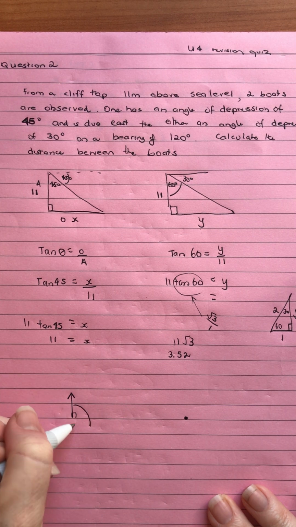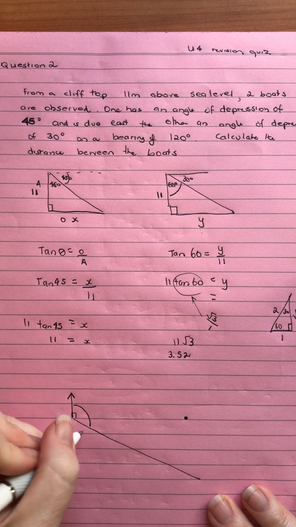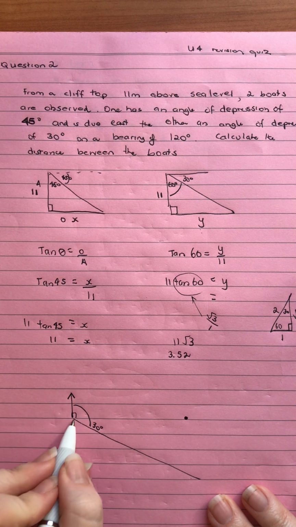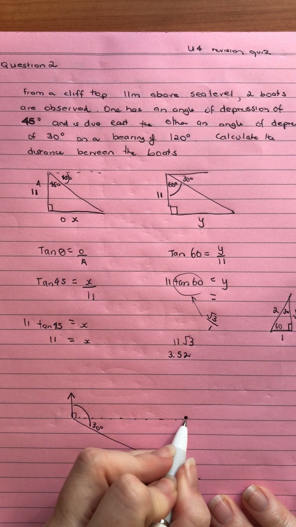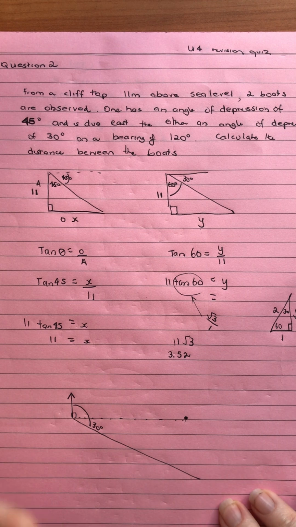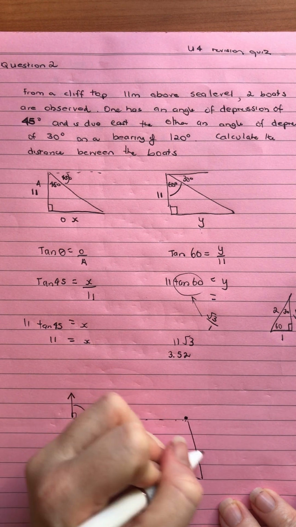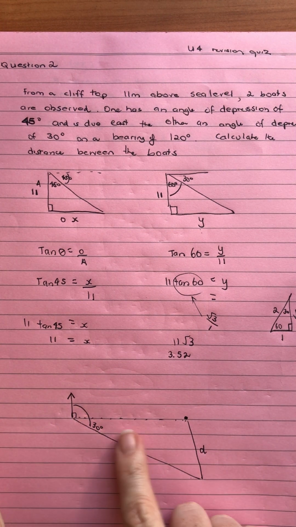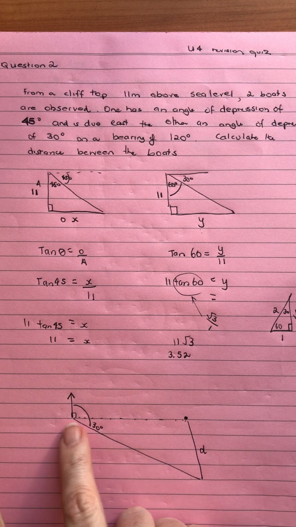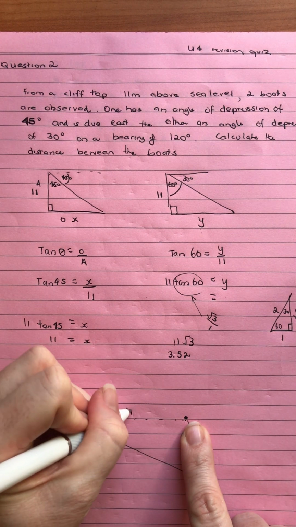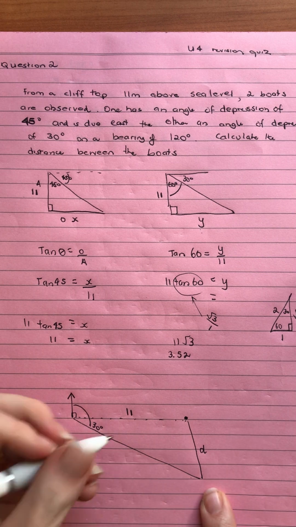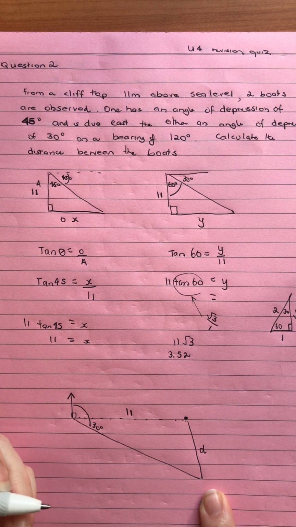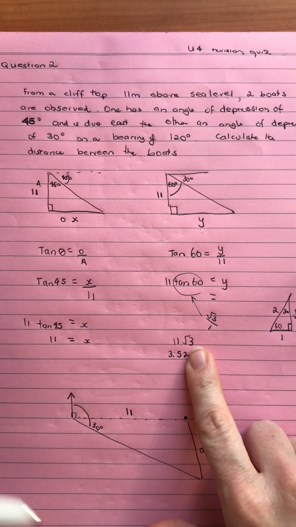If we've got a 90 there, it'll be 30 degrees from that horizontal part, and we're trying to find the distance between the two boats. Now we know that first distance we worked out as 11, and the other distance we worked out as, and sorry, I should have got that.